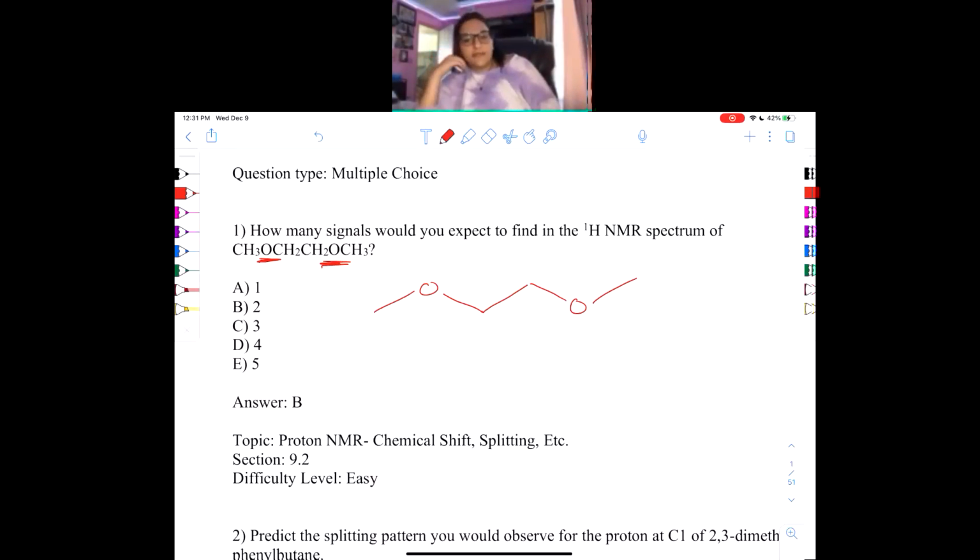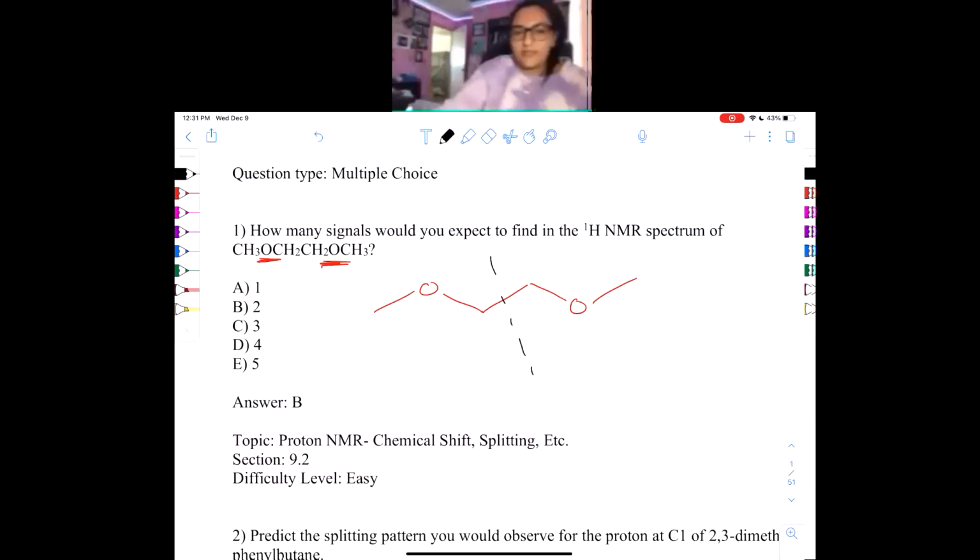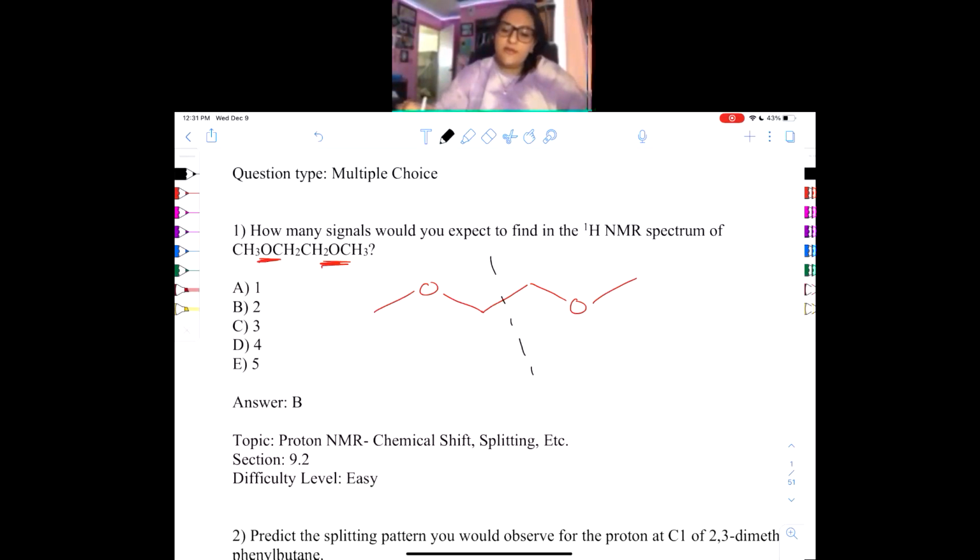So when we're looking for the number of signals, what is the first thing we're going to do? Starts with an S. We look for symmetry, exactly. So right down the middle, we see that we have symmetry here. Symmetry means that the corresponding carbons on both sides of our line of symmetry are going to be the same, right? So this carbon and this carbon are the same.